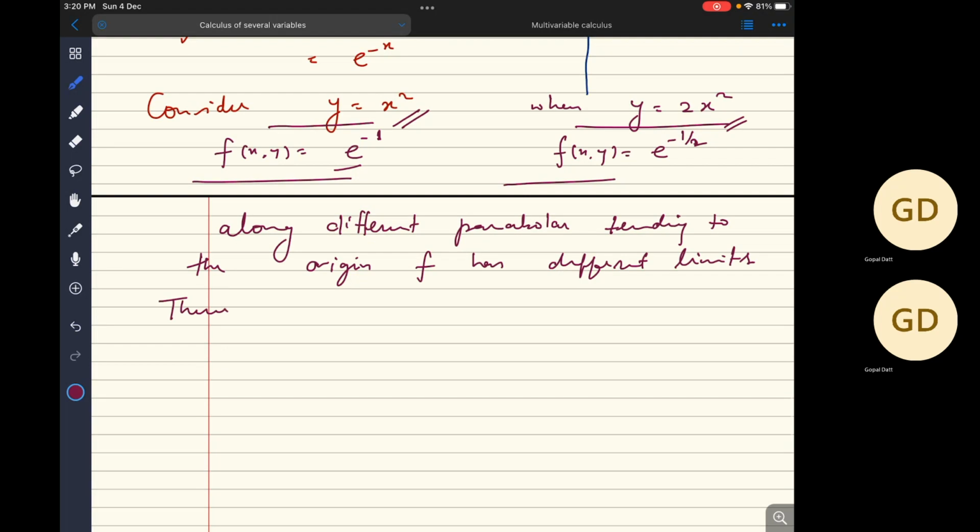Therefore, as xy goes to 0, f does not have any limit.